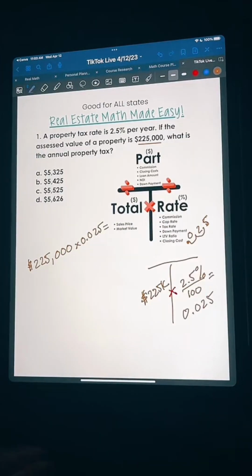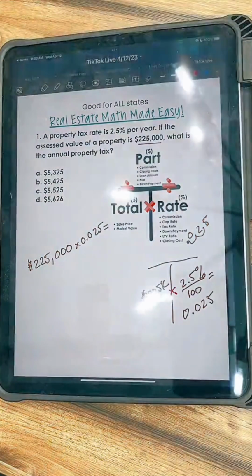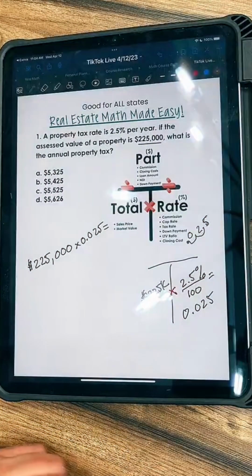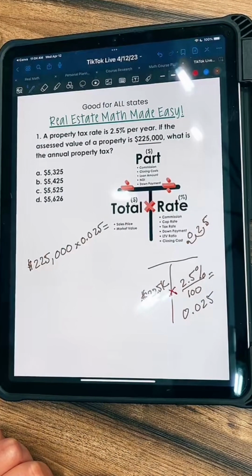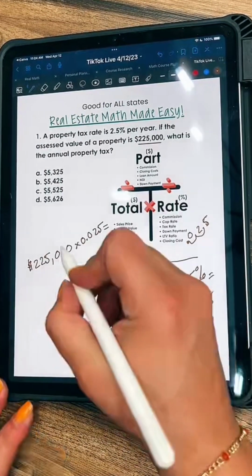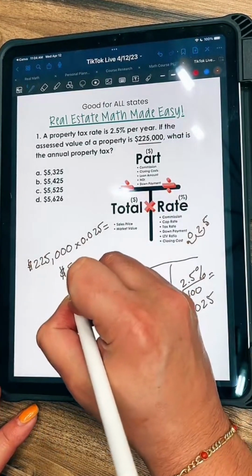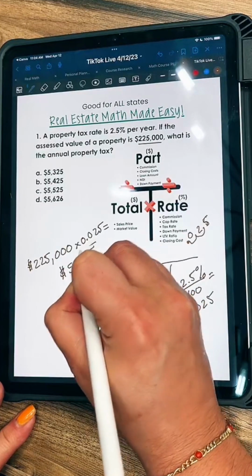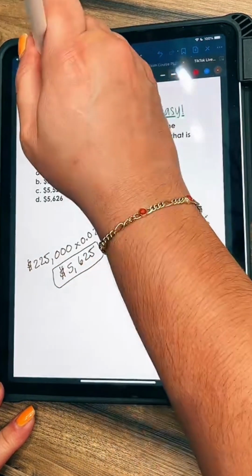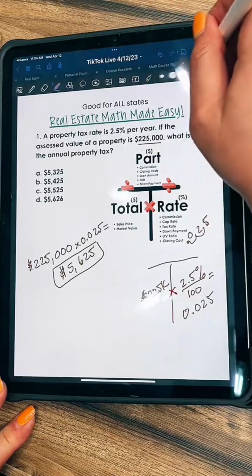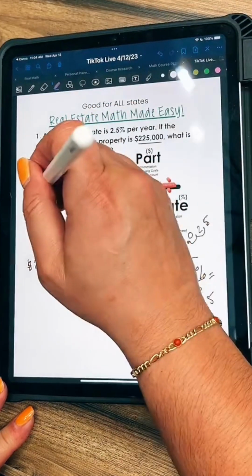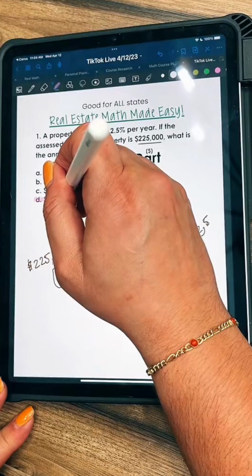And when we put that into our calculator, I have to turn on the light. It's so dark in this house from the rain. So times 0.025, and we're going to end up with a total of $5,625 in taxes. So our answer, I'm going to make it a little bigger, is D.